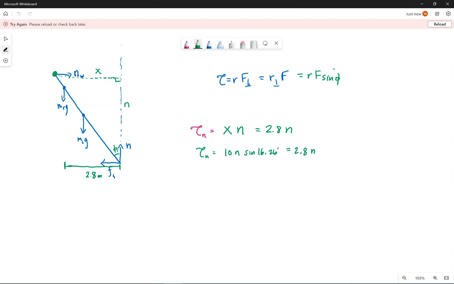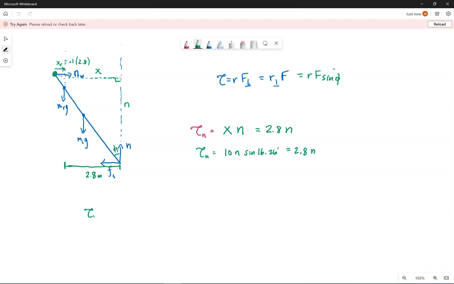If we can look at a picture and find the distance that is perpendicular, so for example, m g, I could draw a line straight up. The distance from the rotation axis to that point, x for Romeo, would be 0.1 of the total x of 2.8.